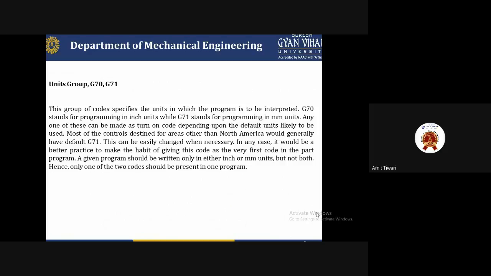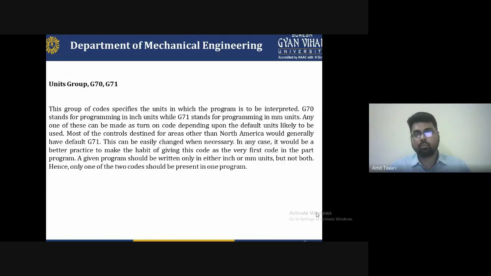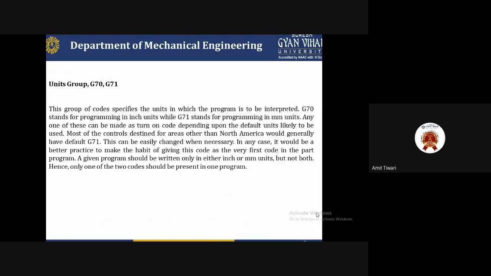These are some reasons why we select this type of group, which is dedicated to work with the G70 and G71 section for changing the units. G70 is used when you are working with the unit in inches, so you put the G70 mark, and if you are working in metric units, you put the G71 code in the programming.